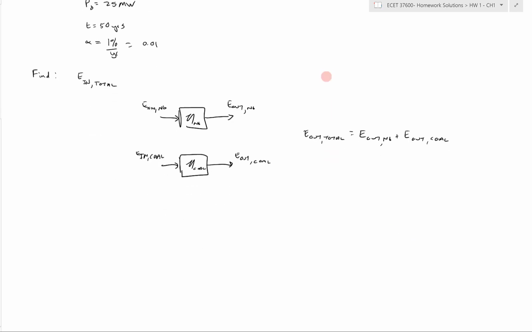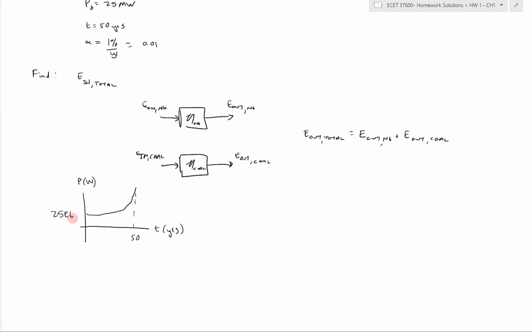So how do we get this E out total? Well, remember that comes from our growth model. If we have a demand plot that looks something like this for an exponential model, we want to come out 50 years. That was the time period we're looking at. So the T here, we're looking at 50 in years. And remember, this is a power, since it is a demand plot, that's in watts, and so this is 25 mega, or 25 e to the 6.